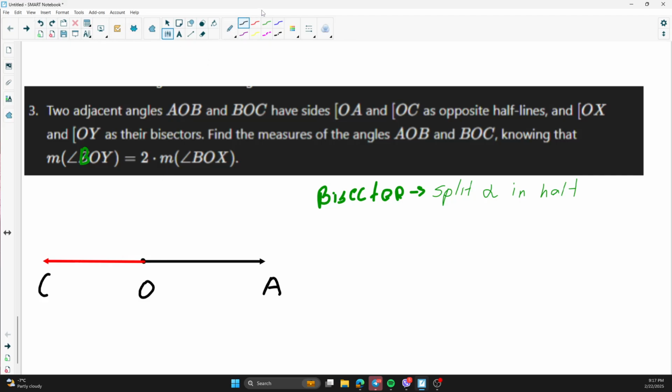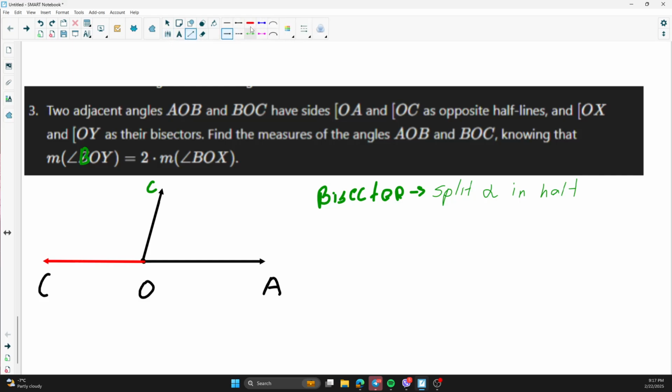You have adjacent angles, and let's say this one, which is COA. So here's C. Now you have two bisectors.